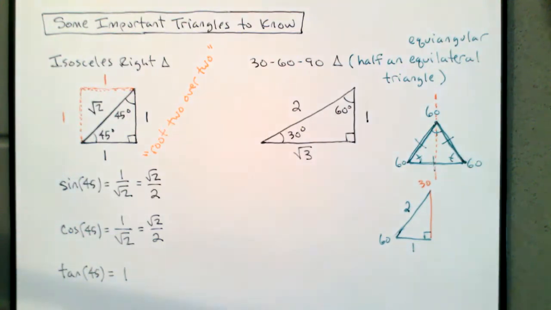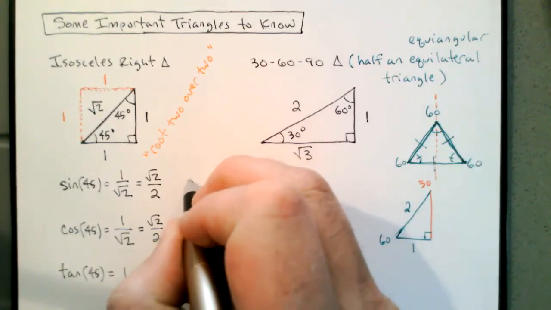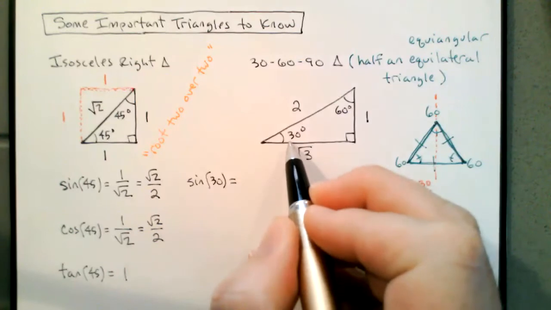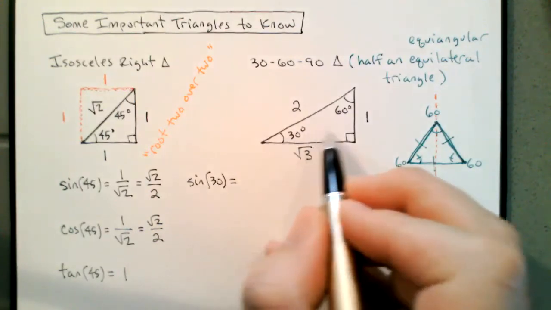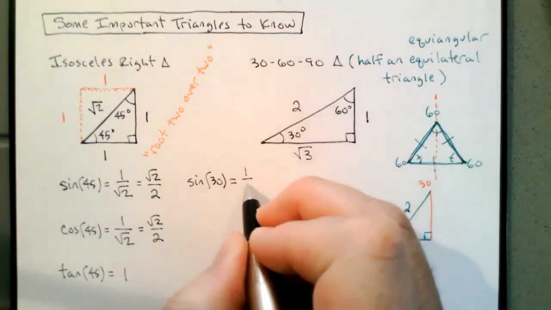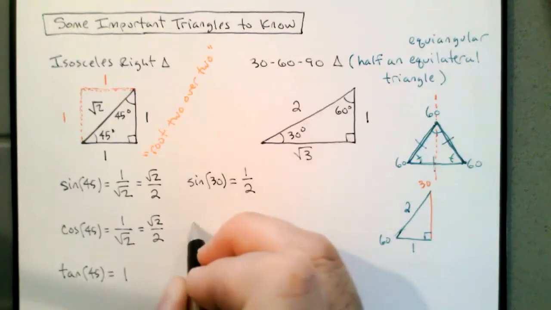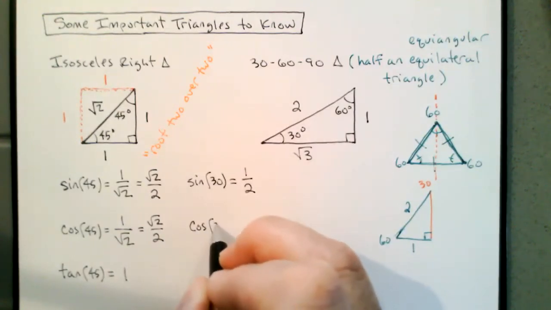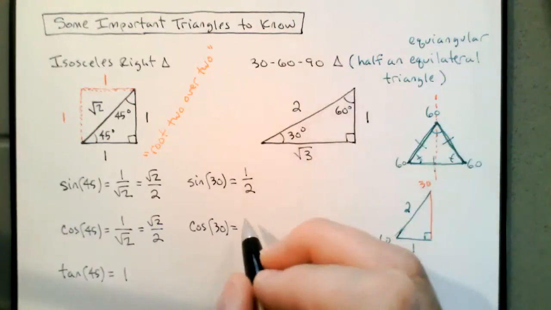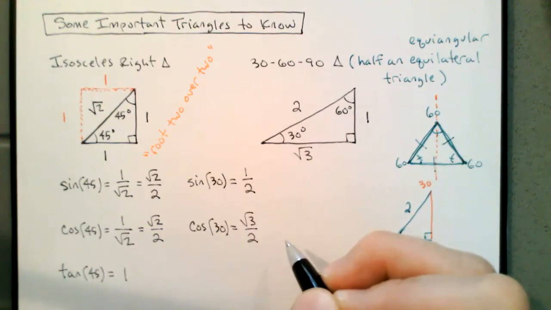So let's write them down. The sine of 30, so here's the 30-degree angle. Opposite to 30 is 1, and the hypotenuse is 2. So sine of 30 is 1/2. The cosine of 30 is adjacent over hypotenuse, so that's going to be the square root of 3 divided by 2.